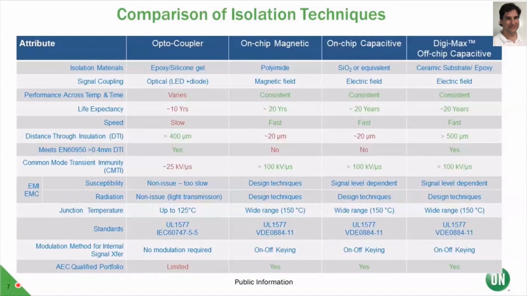The working voltage of the part is the operating voltage that the part can withstand across the isolation barrier consistently throughout the lifetime operation of the device. With 3,000 volts per millimeter breakdown in air as the laws of physics, with a 0.5 millimeter distance for insulation, that would guarantee 1,500 volt minimum working voltage, even if there is no benefit provided by the insulating materials between those conductive points.